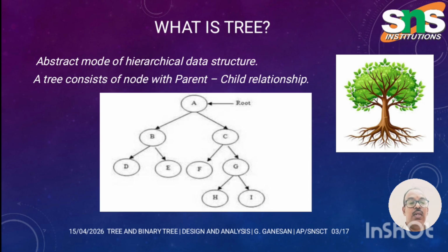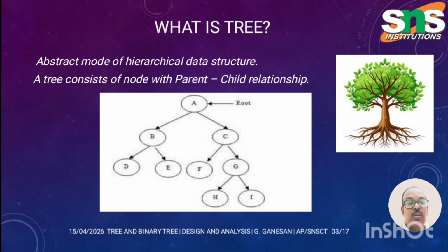Unlike natural trees, in data structure or algorithms, trees is not a real natural tree, but it is the way to arrange the records or data or numbers or any specific things in data structures. So trees in data structures are really the abstract of hierarchical in nature. What is meant by hierarchical? Either from top to bottom or bottom to top.